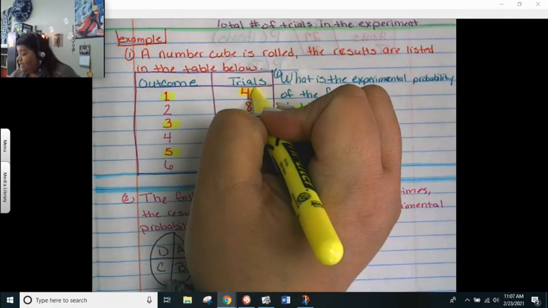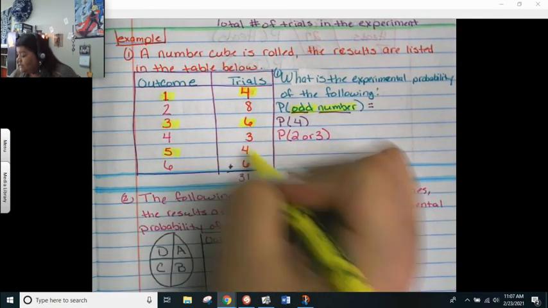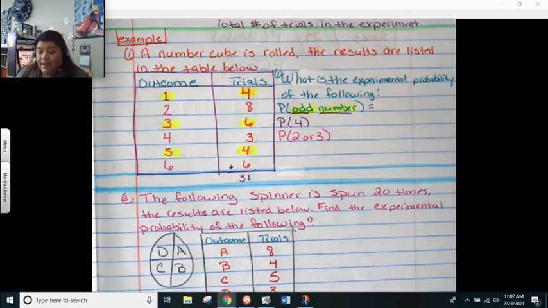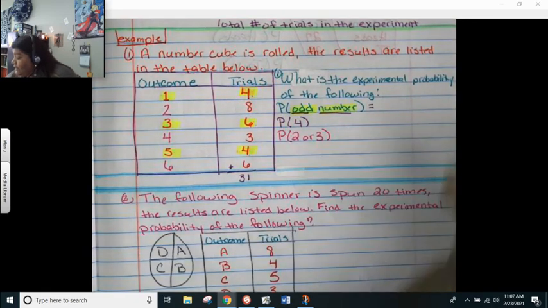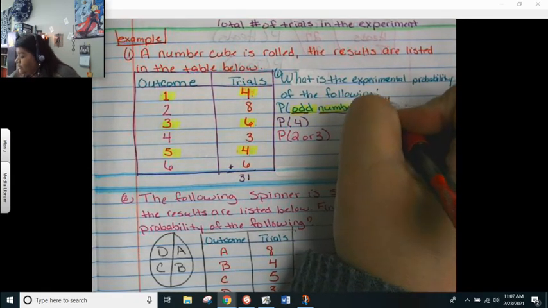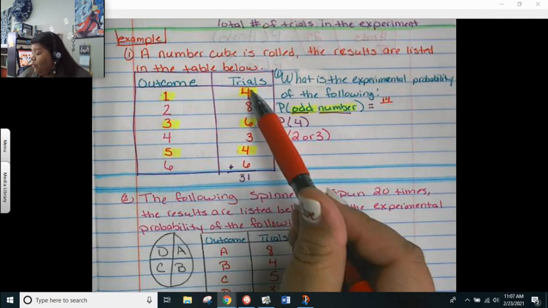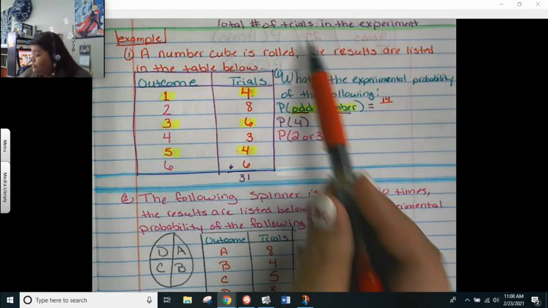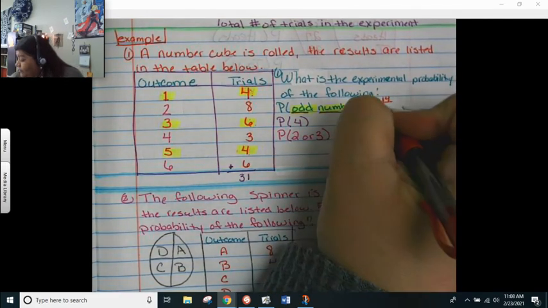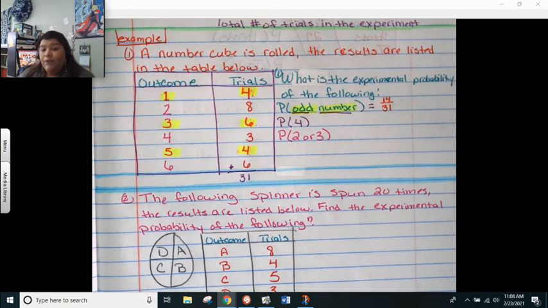So I have 4 times plus 6 times plus 4. So you're looking at the number of trials. 4, 6, that's 10, 14. So I landed on an odd number 14 times out of how many trials did I do? 31. So I landed 14 times on an odd number out of 31. I can't simplify that, so I'm done.